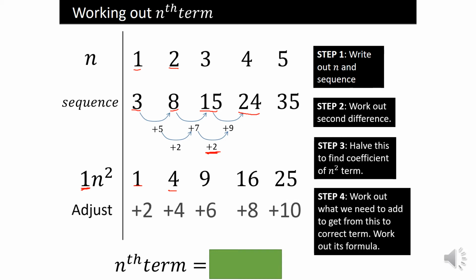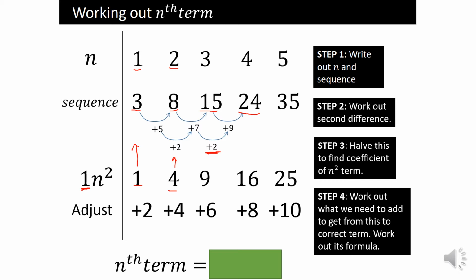If we get our adjustment, for the first one to go from 1 to 3 we've got plus 2. To get from 4 to 8 we've got plus 4, and 9 to 15 we've got plus 6. So we've got plus 2, plus 4, plus 6, plus 8, plus 10. So we can see that what we don't have is just a constant number, but we can definitely still see a pattern there.